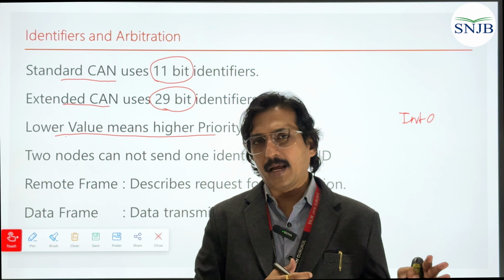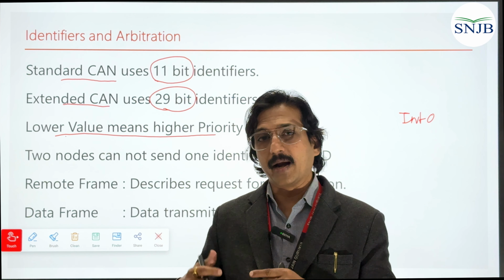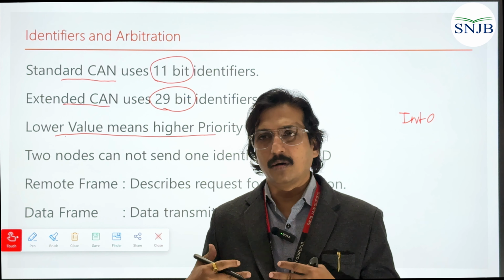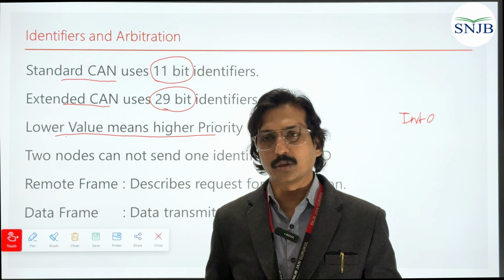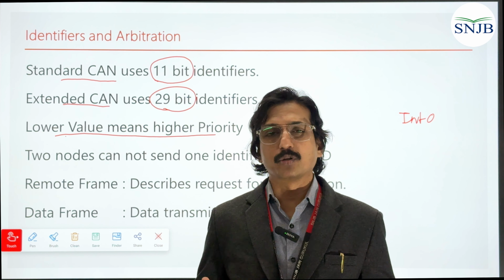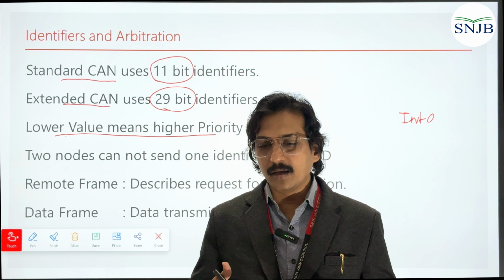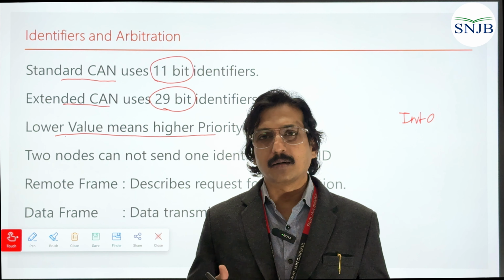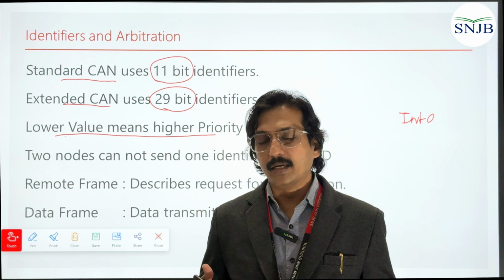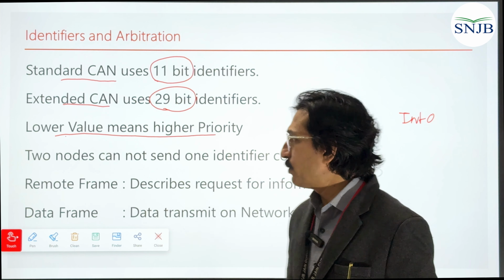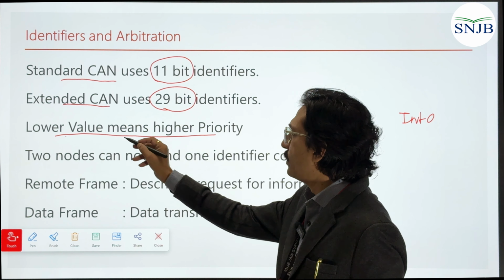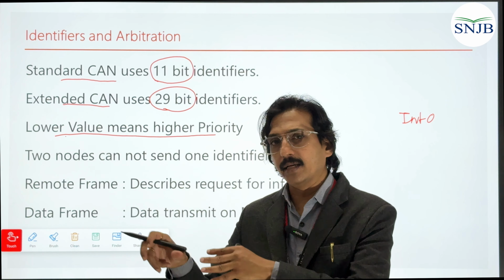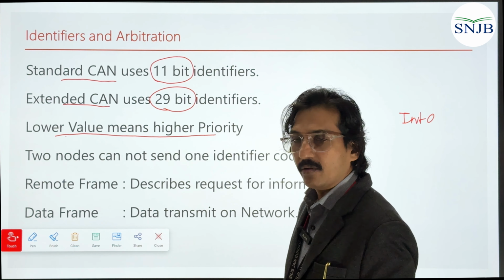Similarly, interrupt 10 and interrupt 13 are there for a variety of peripherals like mouse, keyboard, display. When those peripherals request the microprocessor simultaneously, the microprocessor decides which has the lower value. If the mouse has a lower interrupt index, then that device is addressed first. That's why it is mentioned that lower value means higher priority: if the interrupt value is less, the highest priority is given to that particular peripheral.